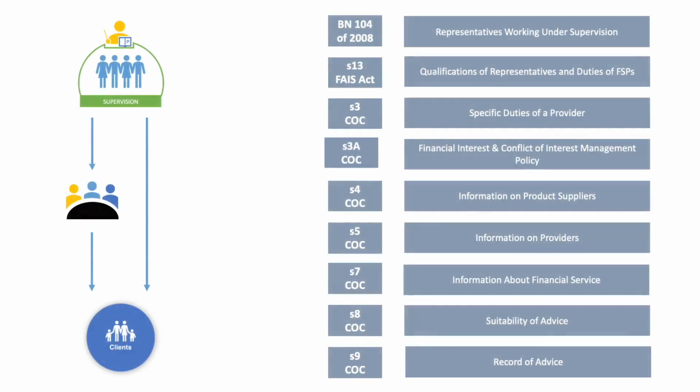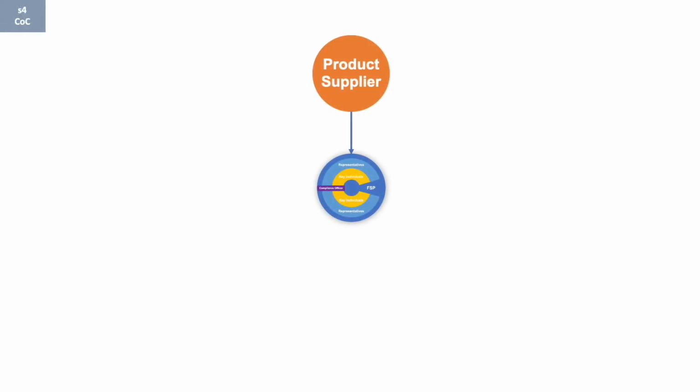Next, we will recap on Section 4 of the Code of Conduct, which deals with information on the product supplier or product provider that should be disclosed to the client. The FSP has a product supplier, also known as the product provider. The product supplier provides the financial products which the FSP gives advice on to his or her clients.